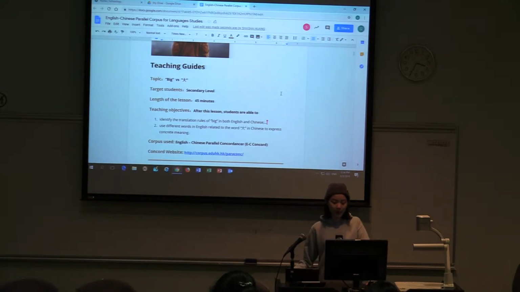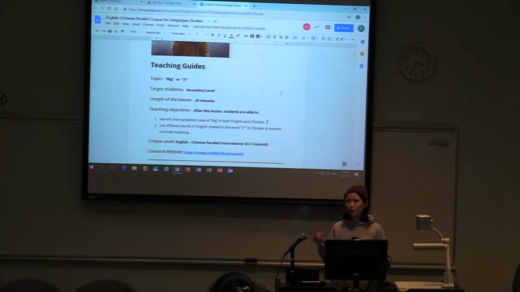Here I want to explain more, because maybe some people will think that at the secondary level, students are able to use "big" and have awareness to use "big" in their writing and speaking. But actually, in mainland China, secondary students are not able to use "big" in English writing very correctly.